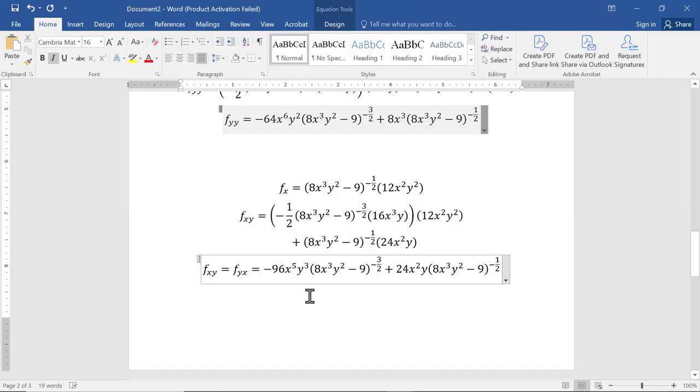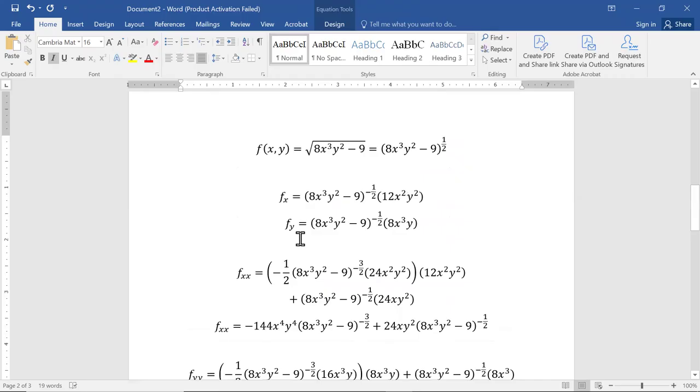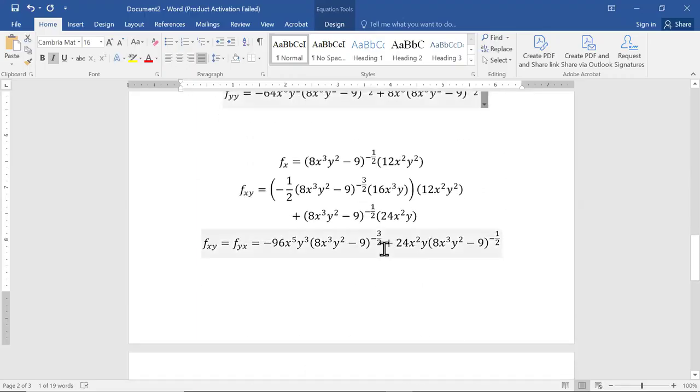A good check to see if you've gotten things right is to do the derivative of y, then the derivative of x. So in other words, if you took the derivative with respect to x of this one, you should end up getting the same thing as if you did x then y, just like I did.